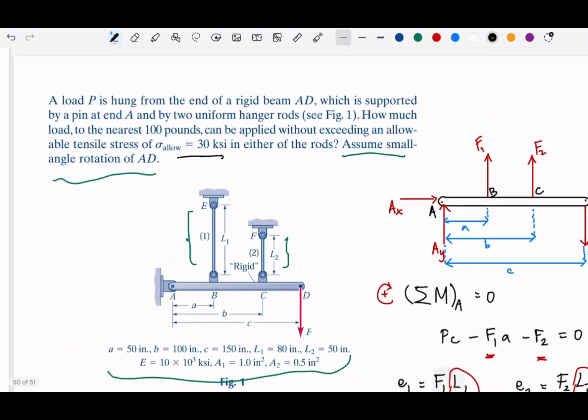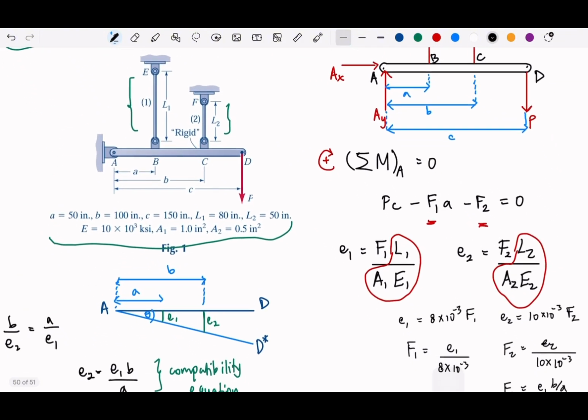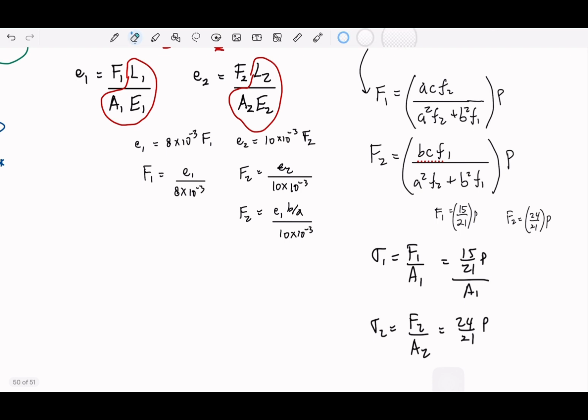A1 is 1 and A2 is half. So this is 1 inch squared, this will be half inch squared. And then we could see from the numbers that sigma 2 is greater than sigma 1.